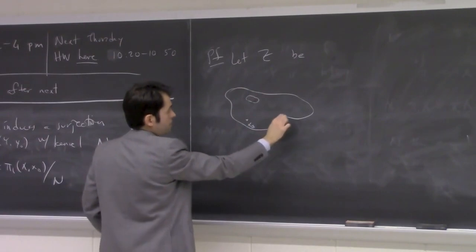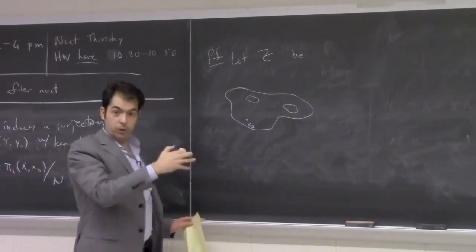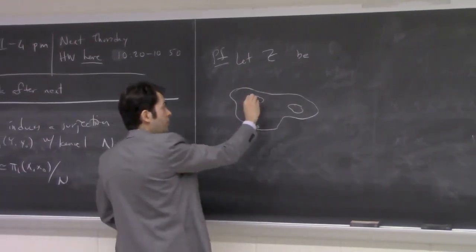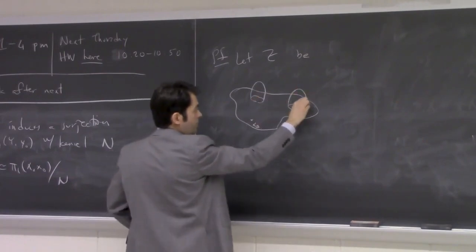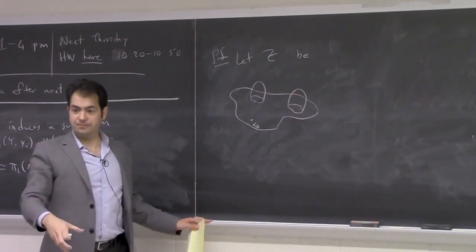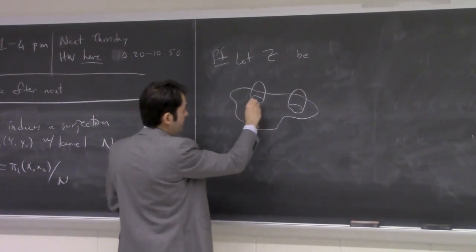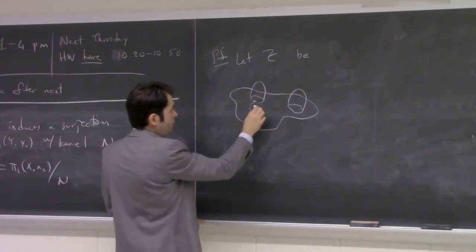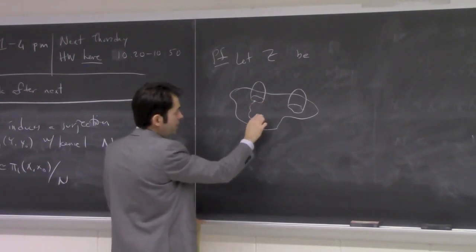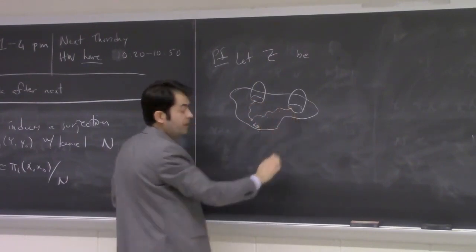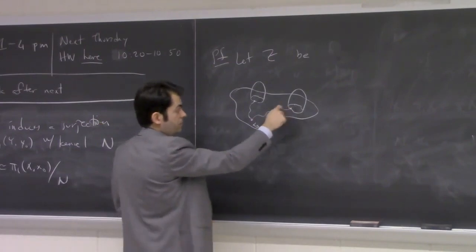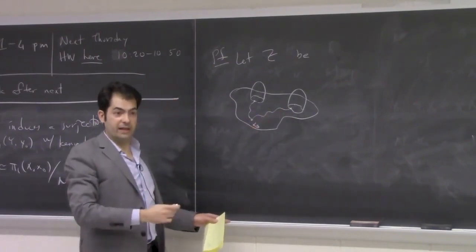Here's one of the loops where we're gluing, and here's another one. So in Y, each of these becomes a little bubble. And we have some path going to the base point over here, and some path going to the base point over here, to make these elements of the fundamental group based at x naught.